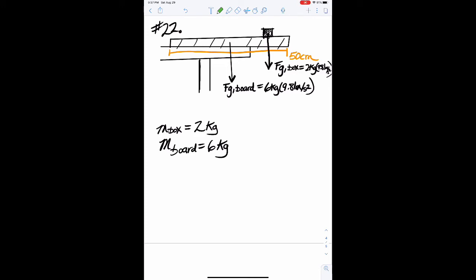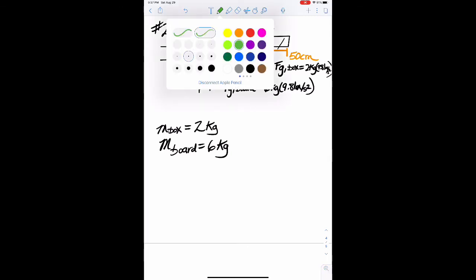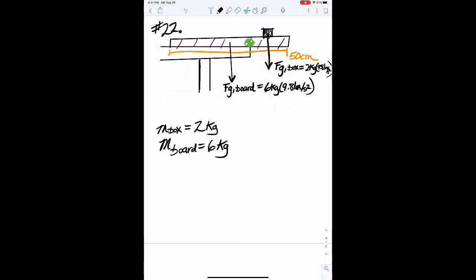When the box is out as far as possible, the combined center of mass is going to rest over the edge of the table. So the combined center of mass is going to be over the pivot, and this is going to be the pivot.